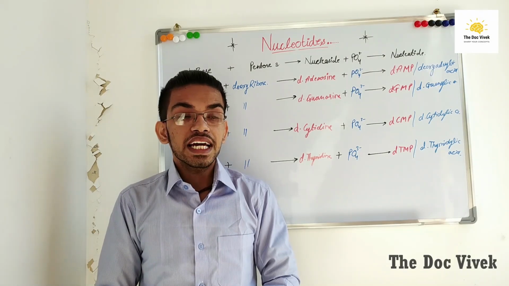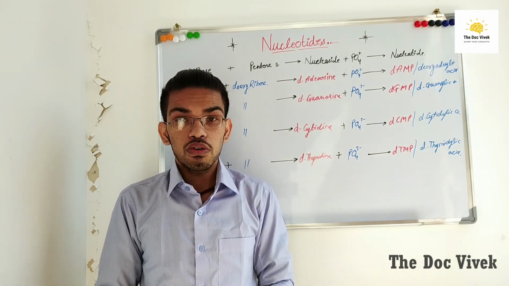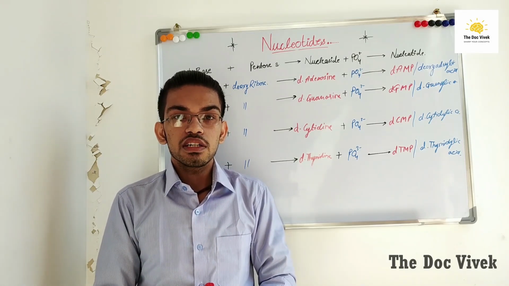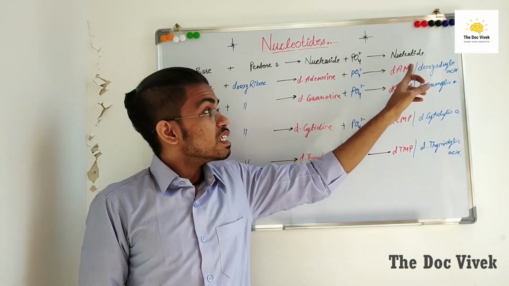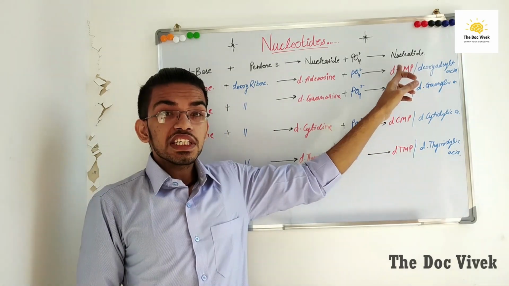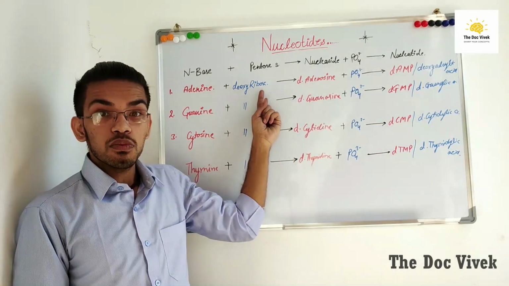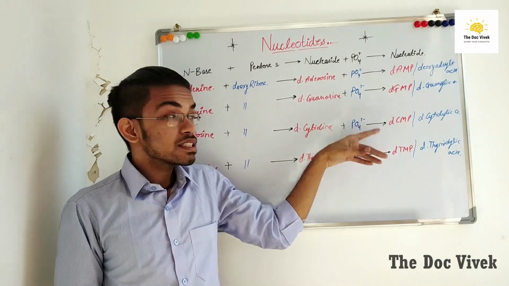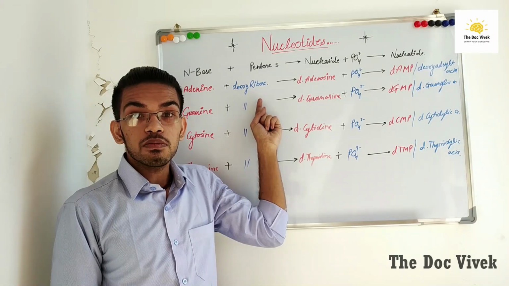The examiner will give you four options: ribose sugar, deoxyribose sugar, both, or some other sugar name. So we know in dATP, dAMP or anything, the sugar present is deoxyribose, but in ATP, the ribonucleotides, the sugar present is ribose sugar, not deoxyribose sugar.